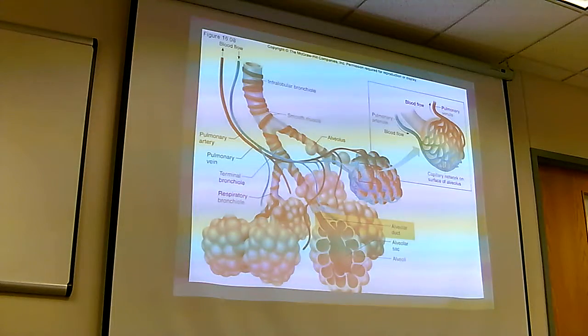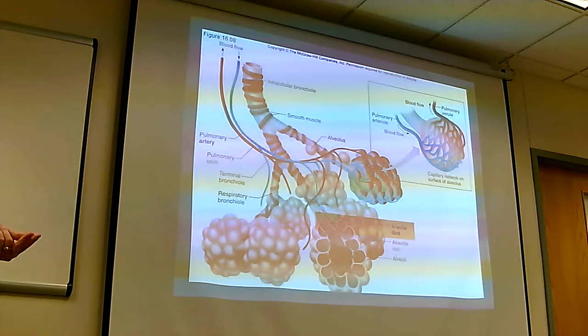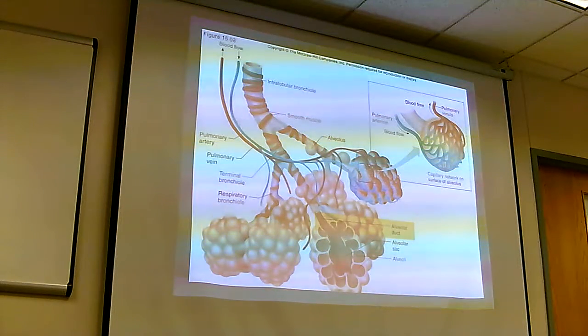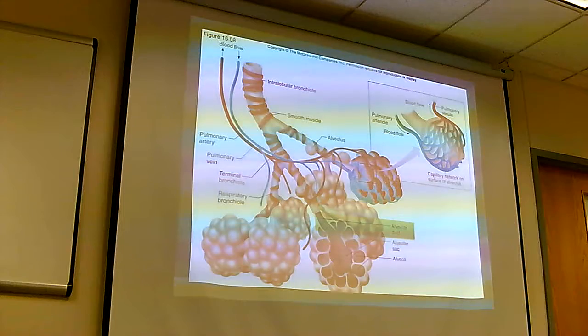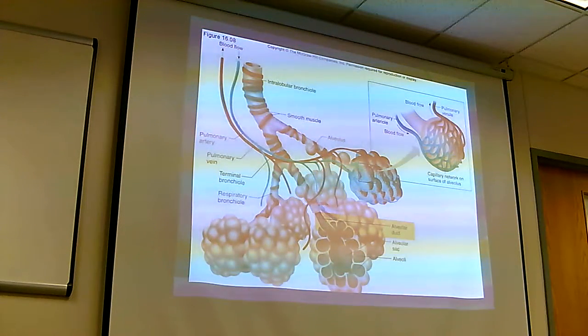And then the alveolar sacs contain a substance. There's not a picture of it in here, but it's called surfactant. The surfactant helps to decrease the surface tension. These alveolar sacs are like balloons, and they want to deflate. But the surfactant helps hold them open.